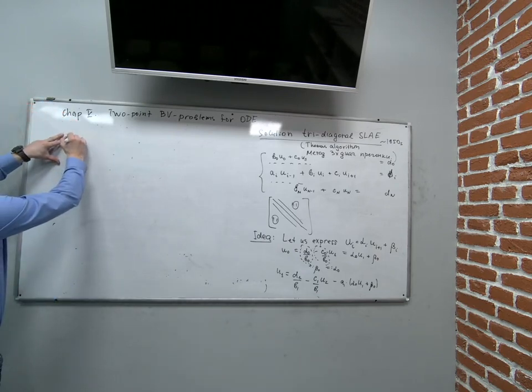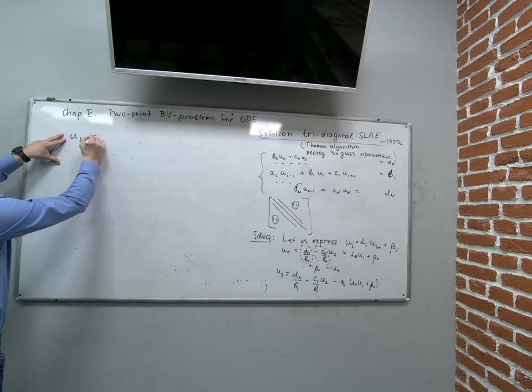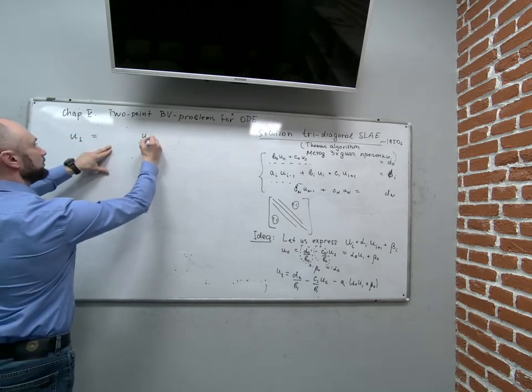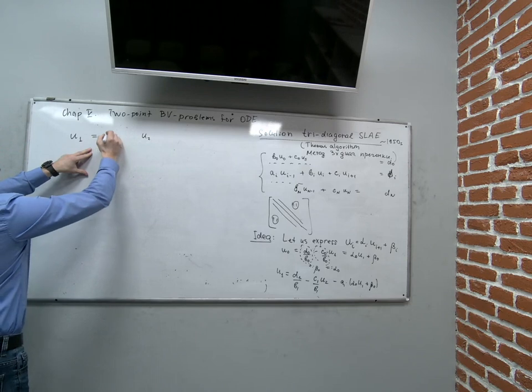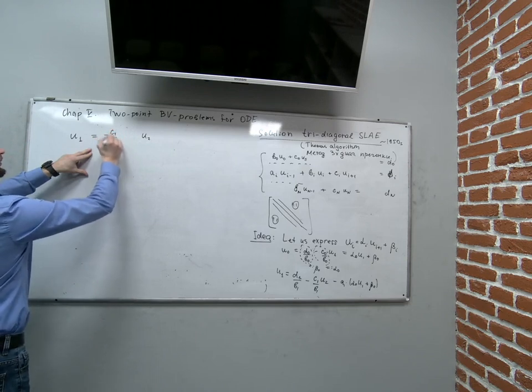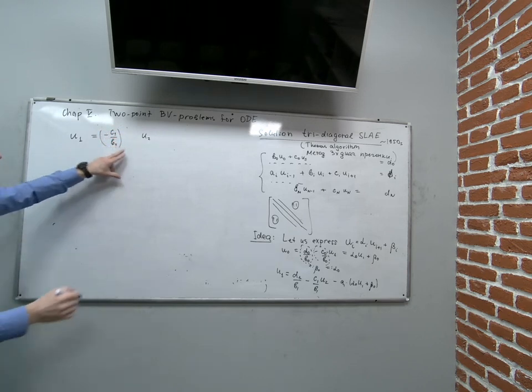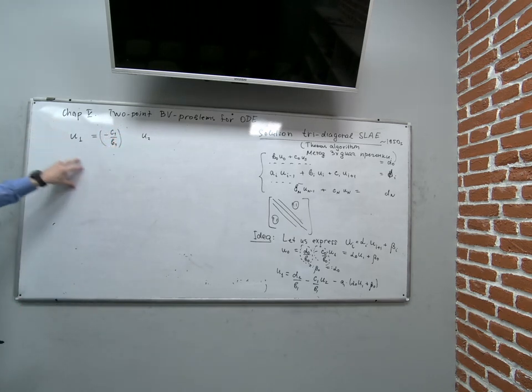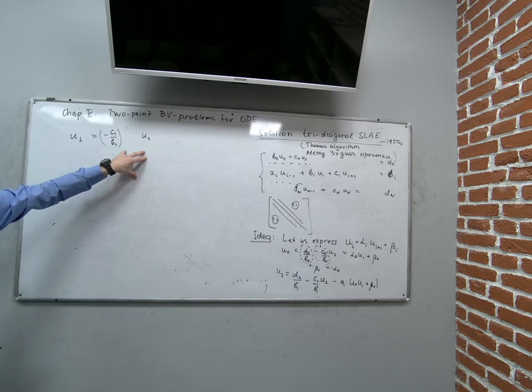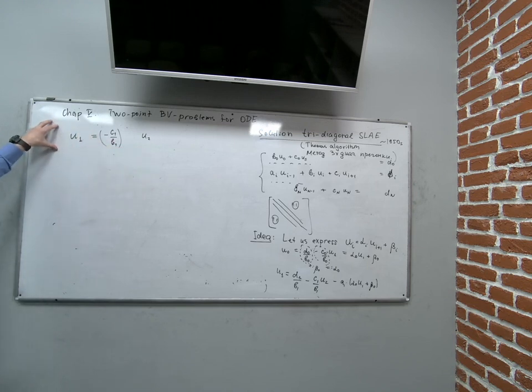So again, u1 is something before u2. Here we had c1 by b1, but we will also have to divide by the coefficient that goes here before u1 after collection of all the terms before u1.